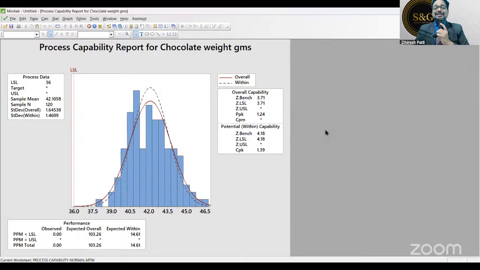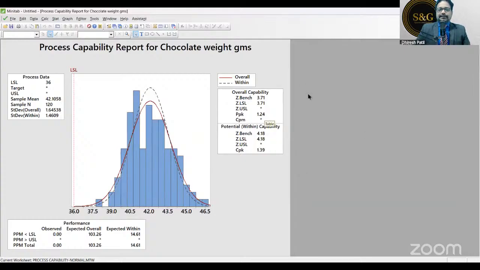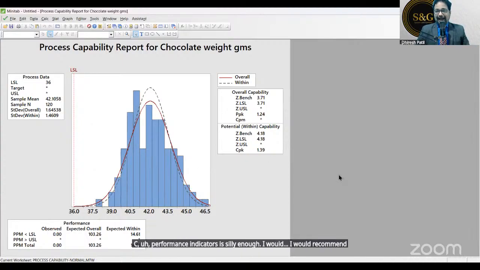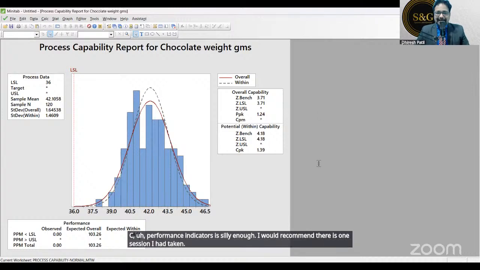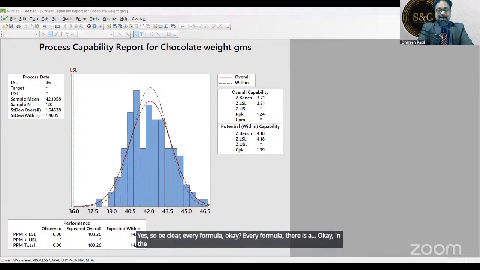See, performance indicators. For this, I would recommend there is one session I had taken, for every formula, in the master class archive.